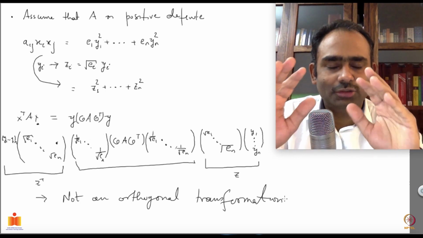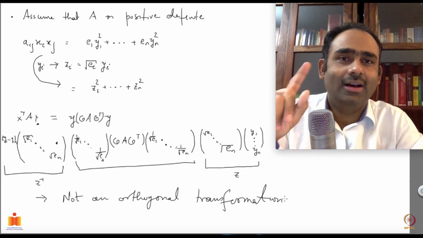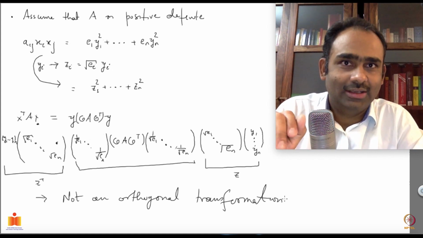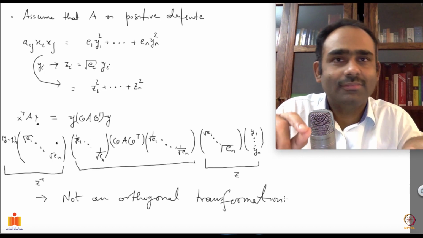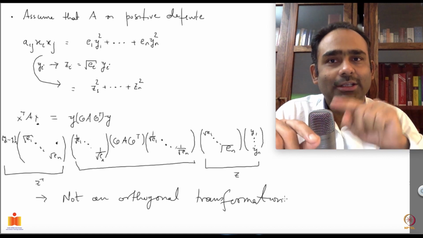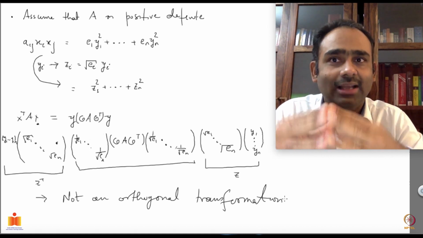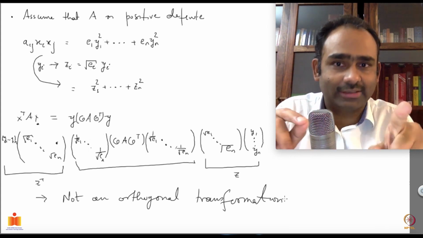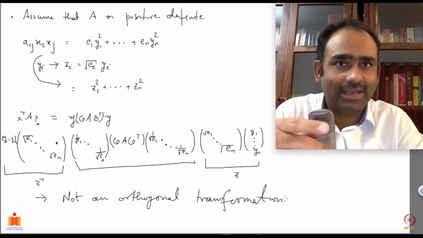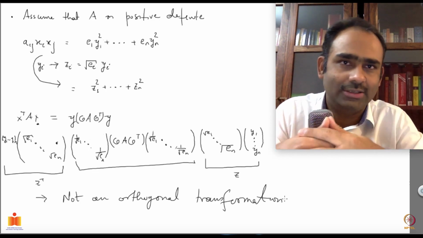If you have two quadratic forms, one of them is positive definite, if that is given to you, then you will be able to put both of them as sum of squares. In fact, you will be able to put the quadratic form that is positive definite as a sum of squares with unit entries, what I have just shown to you here, and the other one will be diagonal with coefficients which will not be equal to 1.